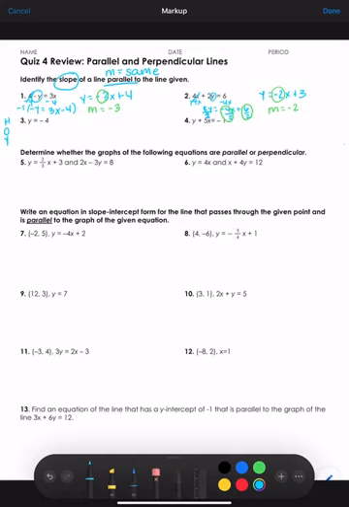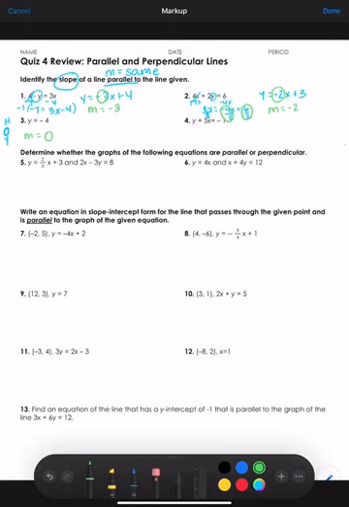So the slope is actually 0. The slope of any line parallel to this is also going to be 0, and it's also going to be horizontal, because horizontal lines are parallel to each other. So the slope here is 0.